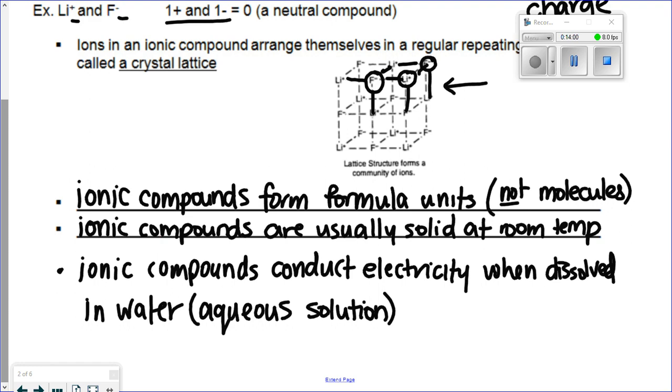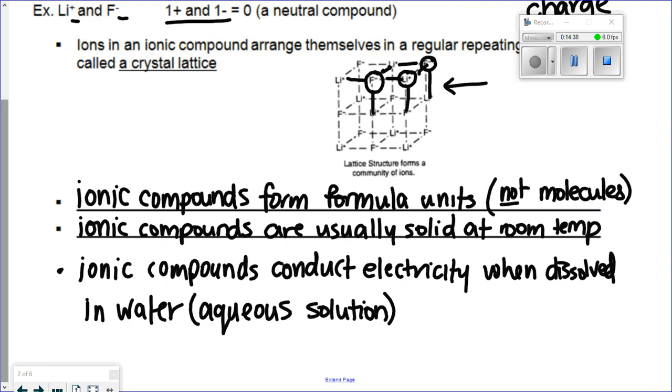So conducting electricity means that if I take something that's an ionic compound and dissolve it in pure water, so distilled water, not water that's coming out of your tap, that's not pure water as much as you would like to think it is, but distilled water where everything in it is that H2O molecule. And I'm allowed to use molecule there. If we dissolve something like sodium chloride, which is table salt, which is what you put on your French fries, and we ran electricity through it, it would conduct electricity.